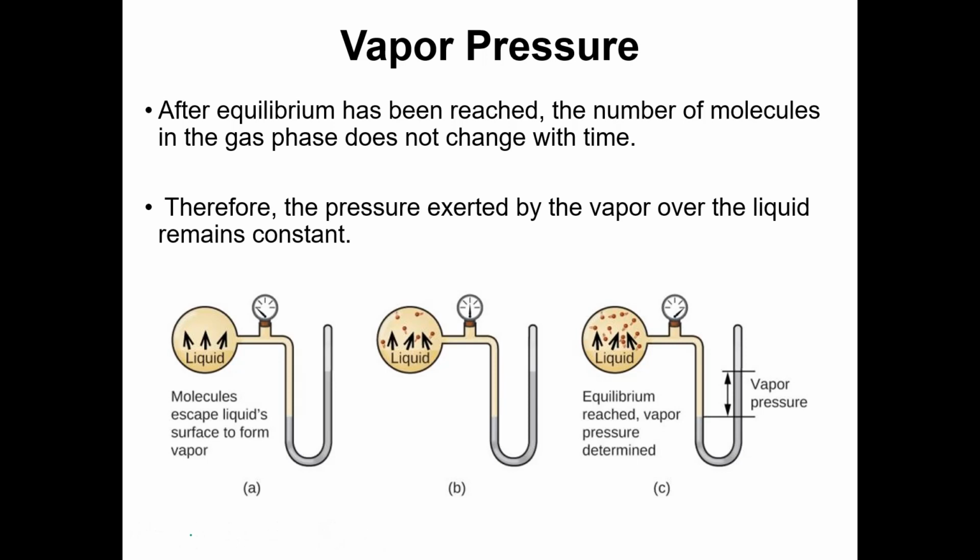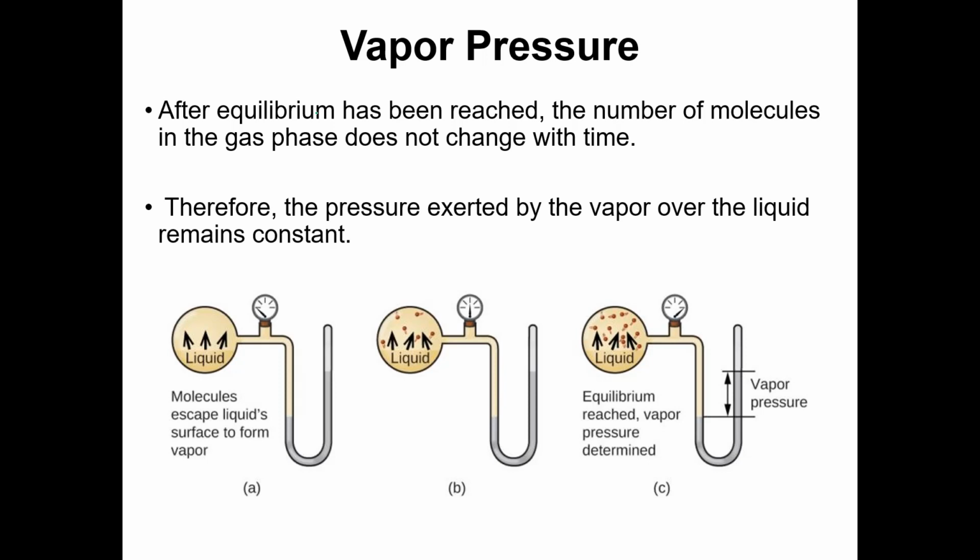So once we've reached a point of equilibrium, and let's stop for a second to define what equilibrium is. Equilibrium is the point where the change going back and forth, the rate of liquid to vapor and vapor going back to liquid, is happening at the same pace, at the same rate.